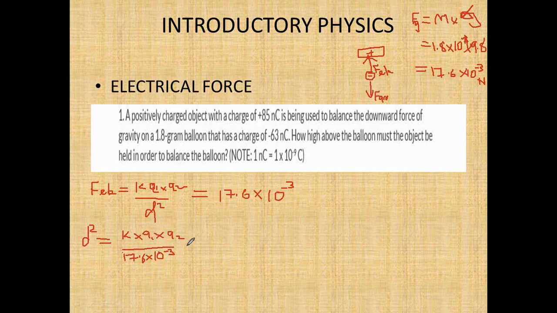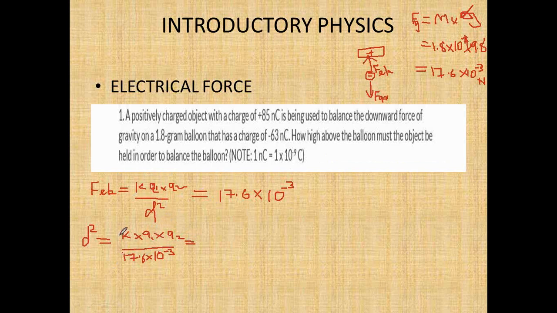A question like this requires you to use some common sense, because you don't want to do it in a cumbersome way. Just rearranging this equation, because the electric force is equal to the gravitational force, we want D, the distance from the balloon to the charged object.